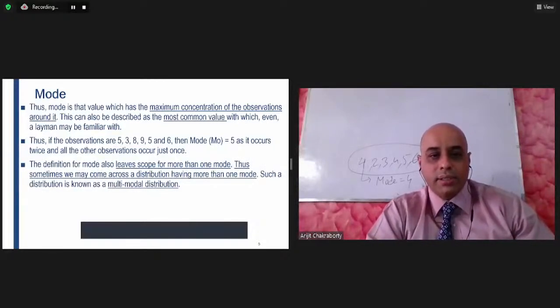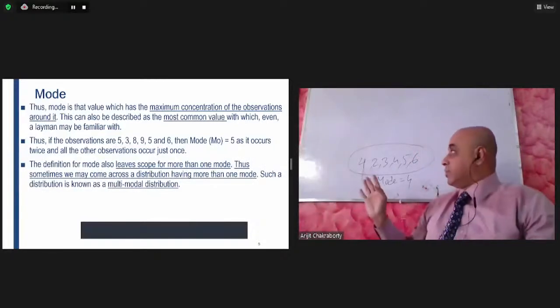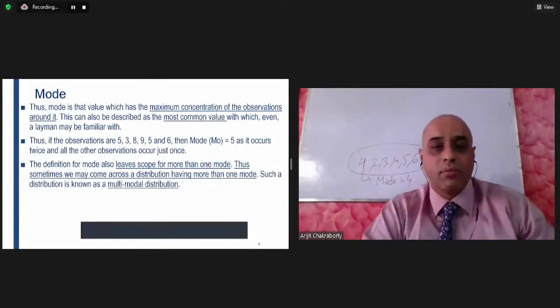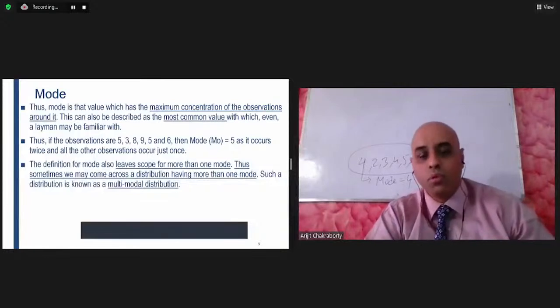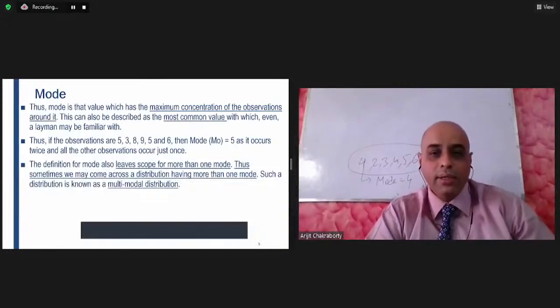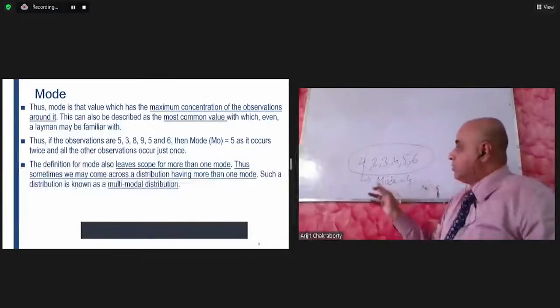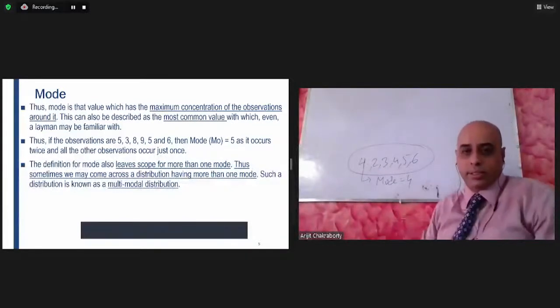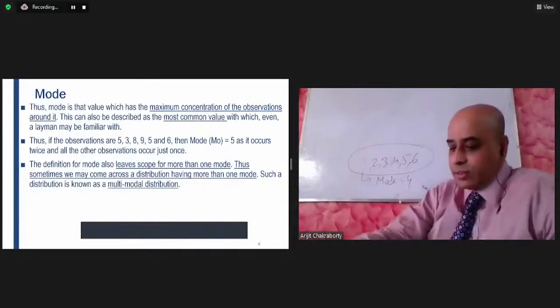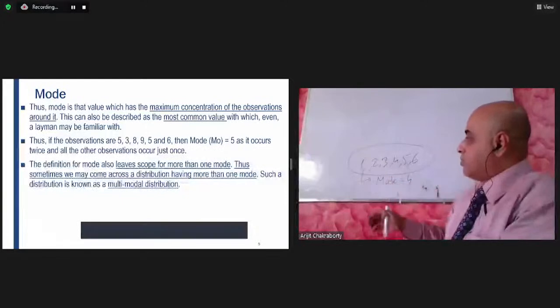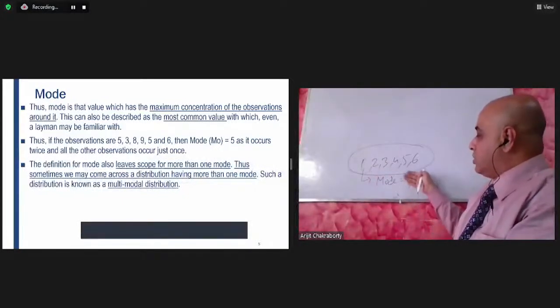Now, as I discussed, we came across an example where you may have one mode, you may have multiple modes, 2 modes, even 3 modes, and you may not have a mode also. Like in this example, is there any mode?